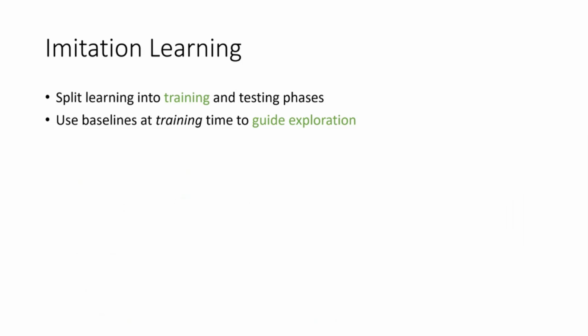And this is the intuition we try to leverage in the area of imitation learning. So the first thing we do is pretty common in all of machine learning. We think about splitting the learning process into training and test phases, and we leverage these baseline policies often at training time to guide the exploration. And if you can have the baselines available even at testing time, then we can continue to use them at test time.